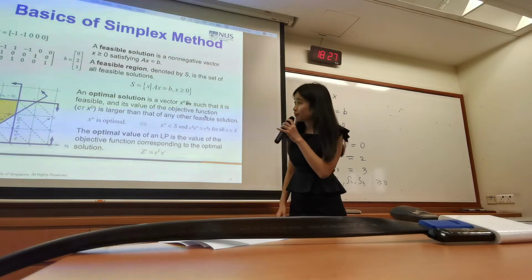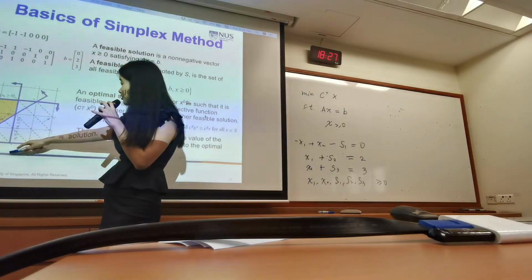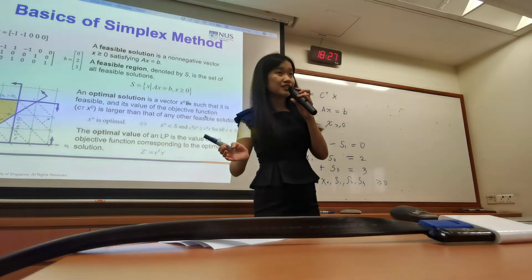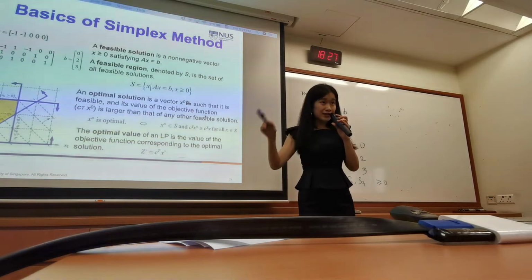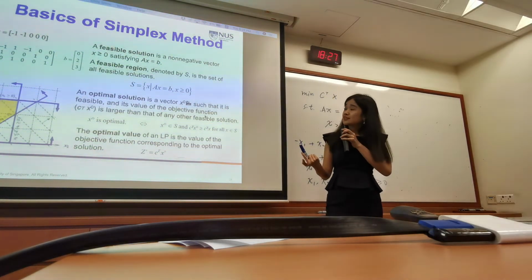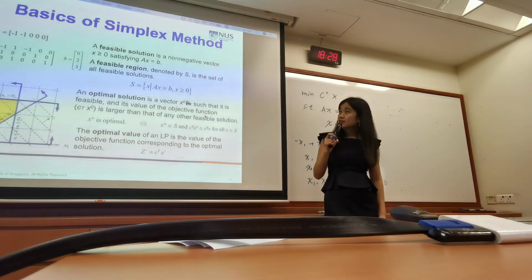If you look at the original problem, it gives you x1 and x2 with the 3 constraints that define this region. That region made by the feasible solutions we define as the feasible region, denoted by S. So it's the set of all the feasible solutions.